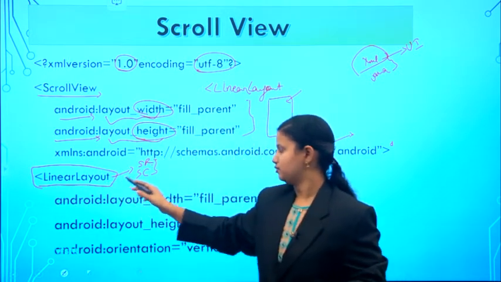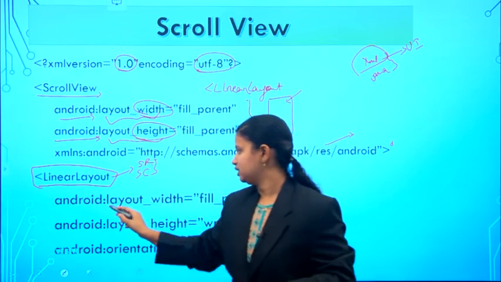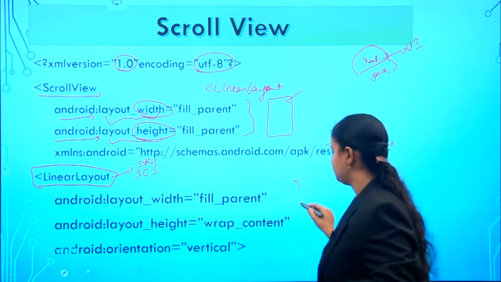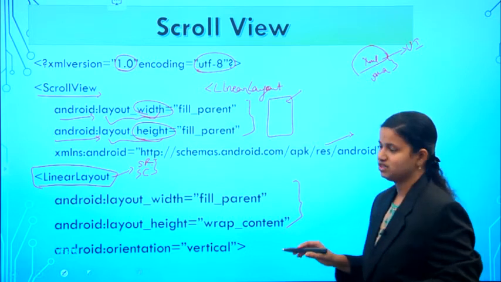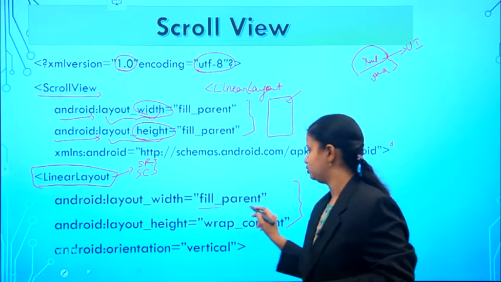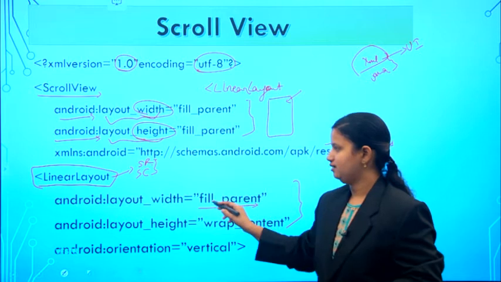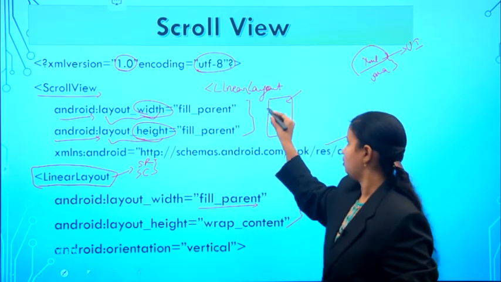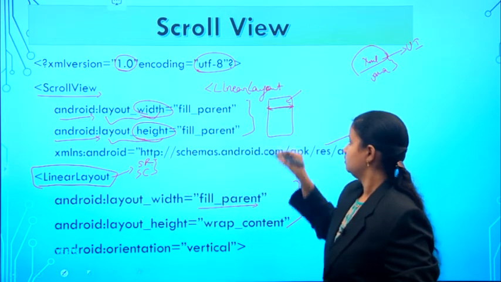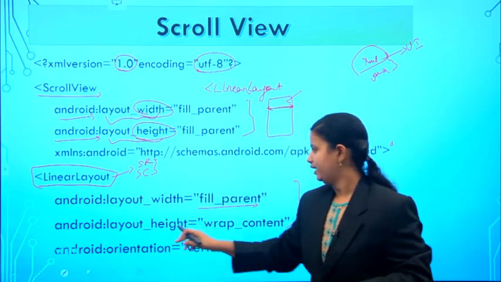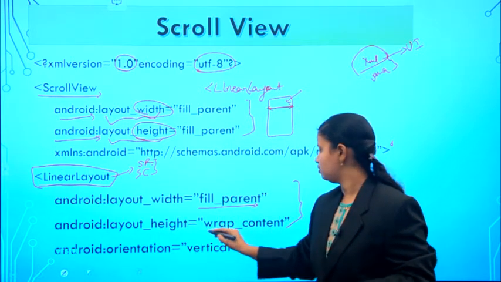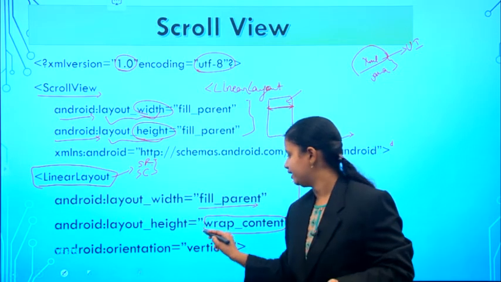The linear layout will be opened, and what are its different properties? What is the size of your linear layout, and how much will be allocated? The width is fill parent, so it will occupy all the width which is available, and the height is wrap content. Why wrap content?